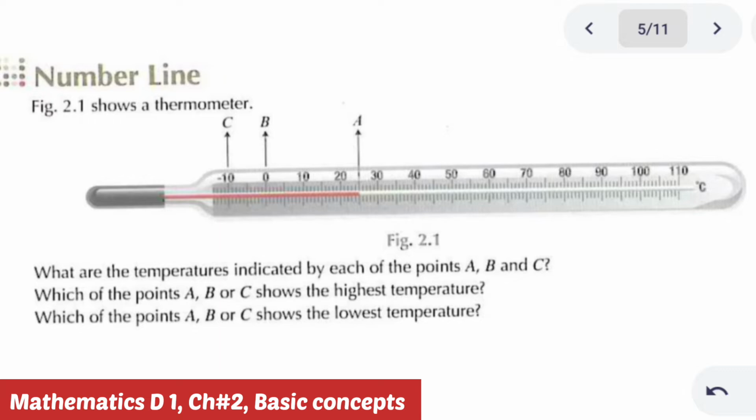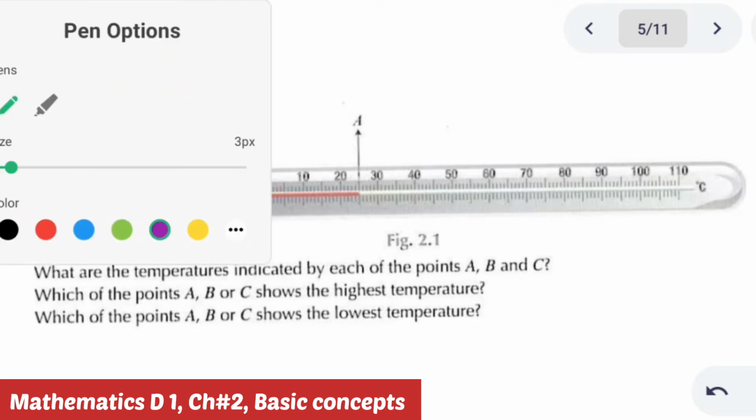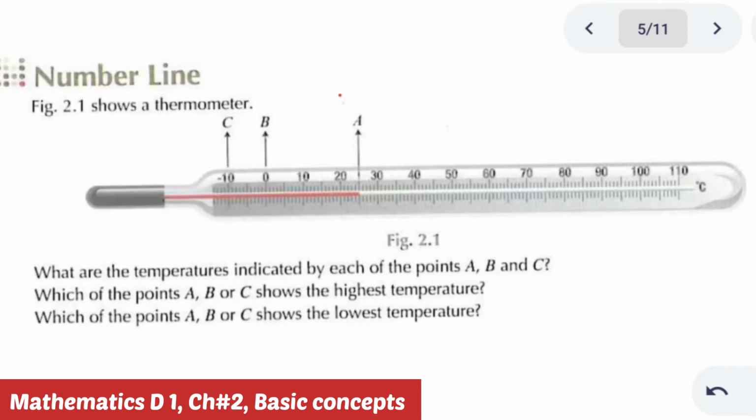If we read the temperature at point A, it is 25, at B it is 0 and at C it is minus 10. So these are the temperatures indicated by this thermometer at these 3 points.